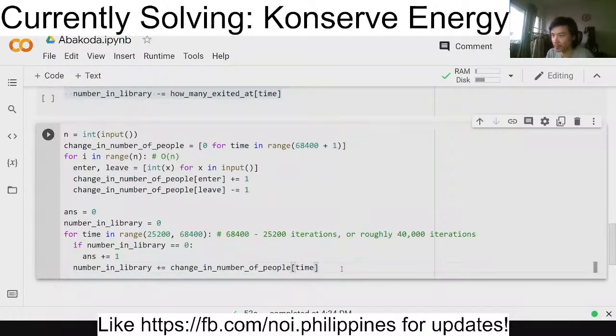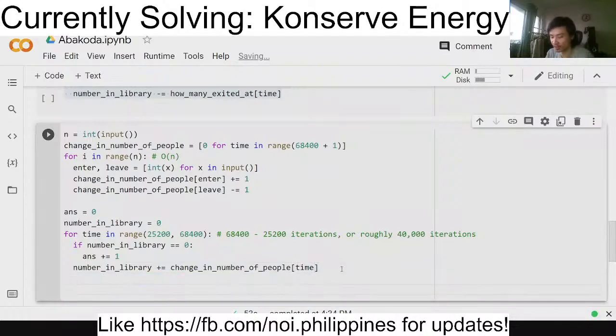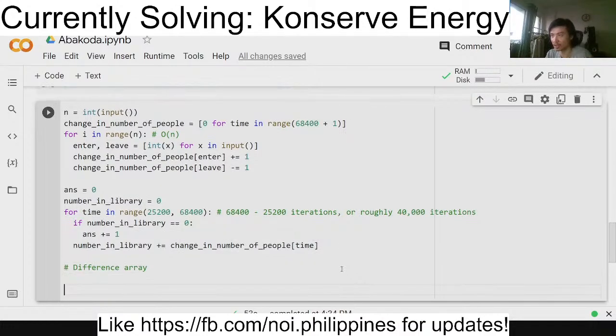So this is what people usually call a difference array. You can look for this in Google later on if you're interested. So the idea is, instead of storing the actual list that you want to maintain, because we have an actual list that we want to maintain, right?